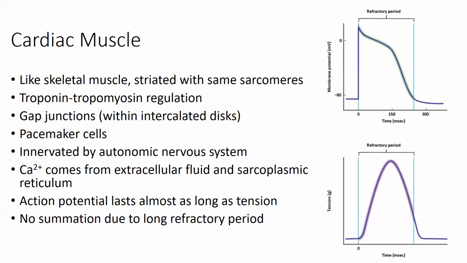Okay, so there's no time for action potentials to build up. This is what we saw in skeletal muscle, right? The twitch was very long. So we had several action potentials in the time it took to complete one twitch. That is not possible in cardiac muscle, just because the action potential takes the same amount of time as the cardiac muscle cell does to contract. Okay.